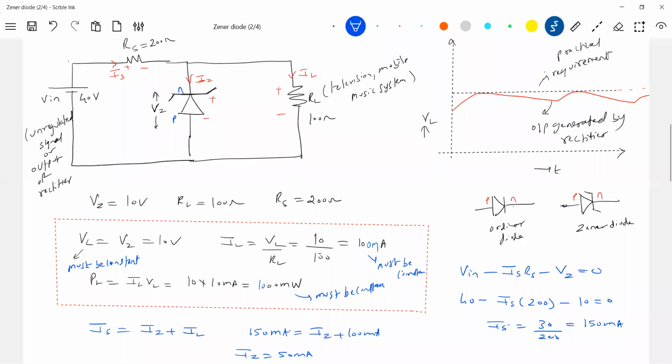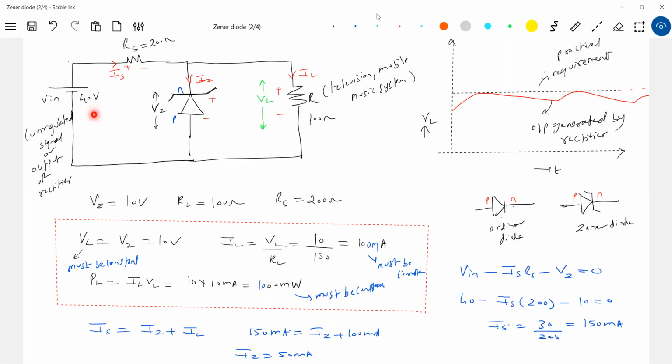So that's the initial condition. Now, by chance, what happens if Vin becomes 45 volt? Still, the power, the current through the load and the drop across the load must remain constant. Will I agree?